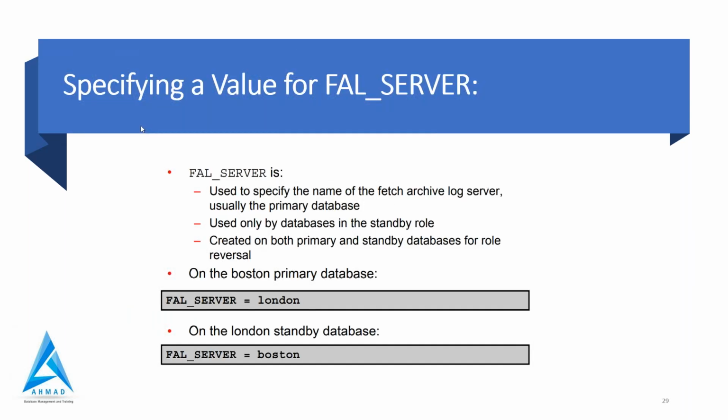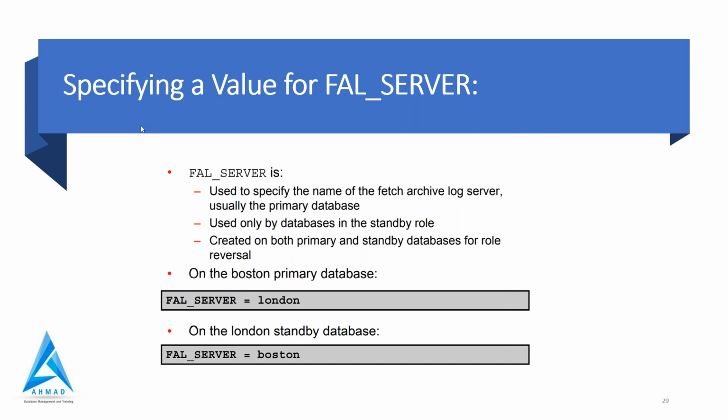And the file server parameter is very important. It is used to name the archive log server, usually the primary database, and usually only one database in the standby, and it should be created on both primary and standby. So suppose Boston is the primary database.